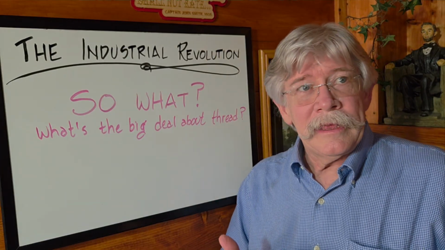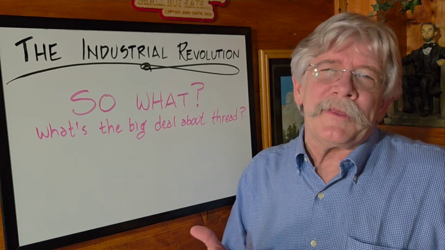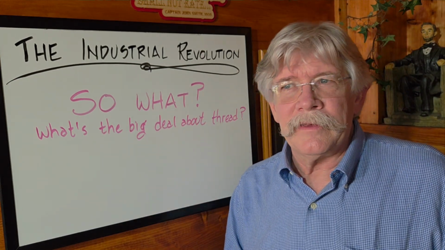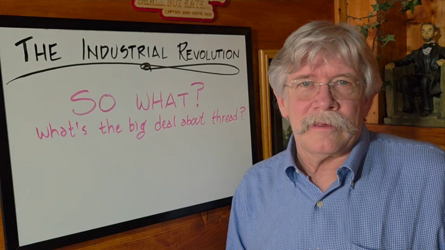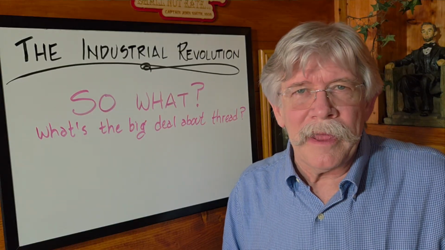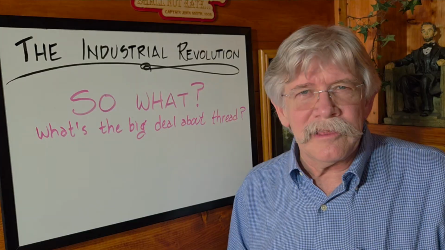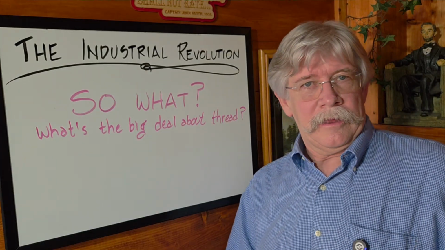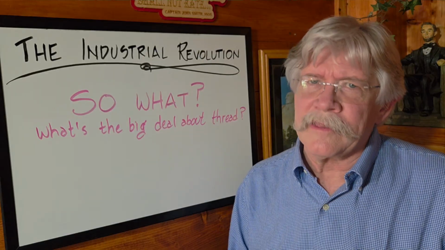Right? So what's the big deal with this? Well, now you can have 5 shirts. Now you can have 5 pair of pants. My gosh, how many sets of clothes do you have in your house right now? You probably have more than one set of clothes.